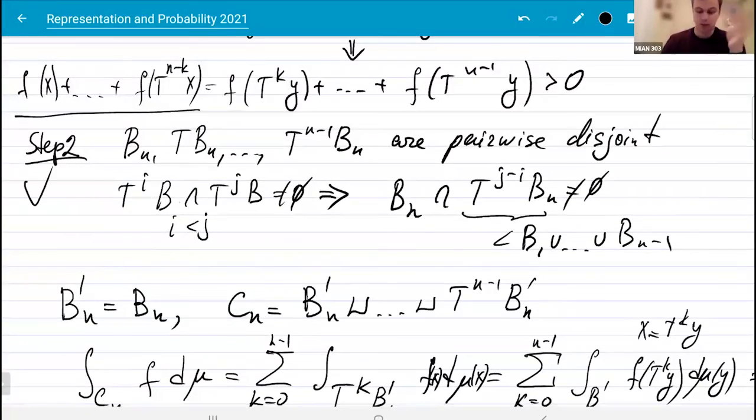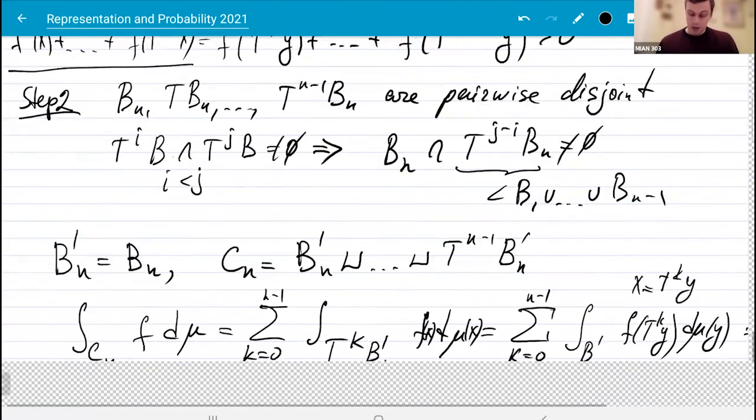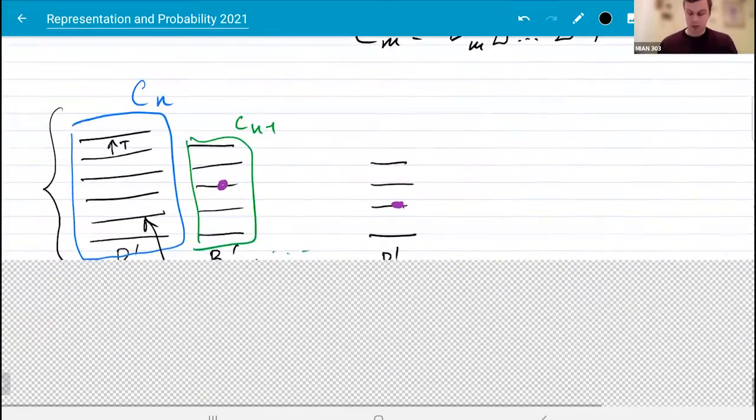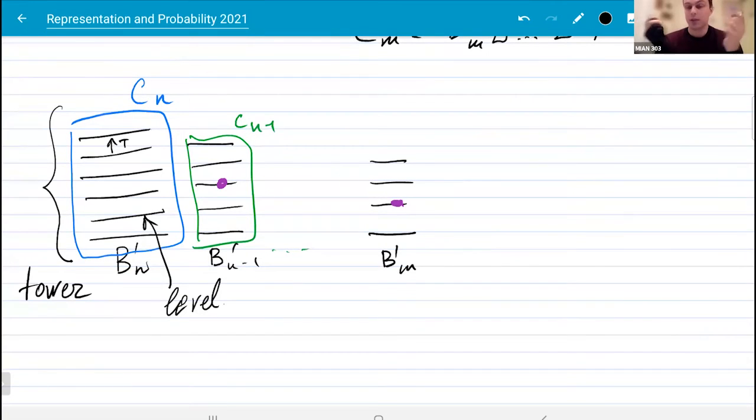Of course, we can prove this not only for n but for any index, and since the base of the tower b prime m is just a subset of bm, the same holds for b prime m also. Then we can say that if there is an intersection, then these points are in different towers.